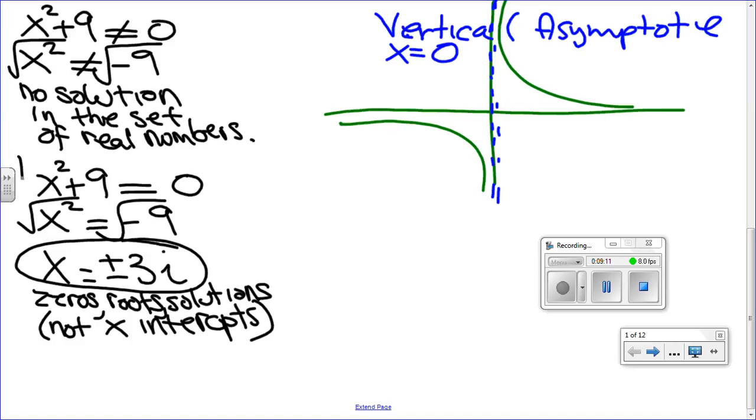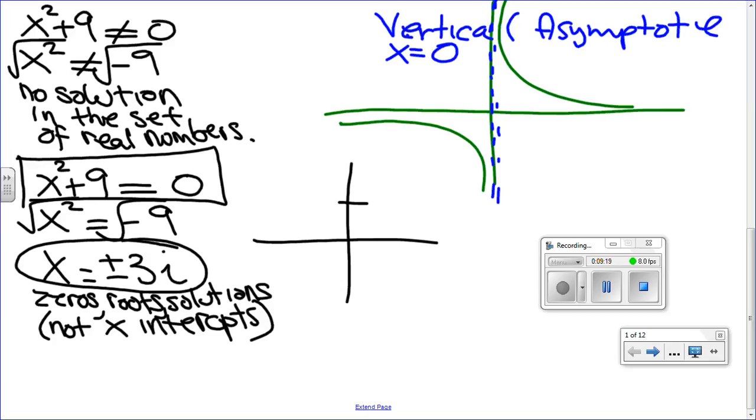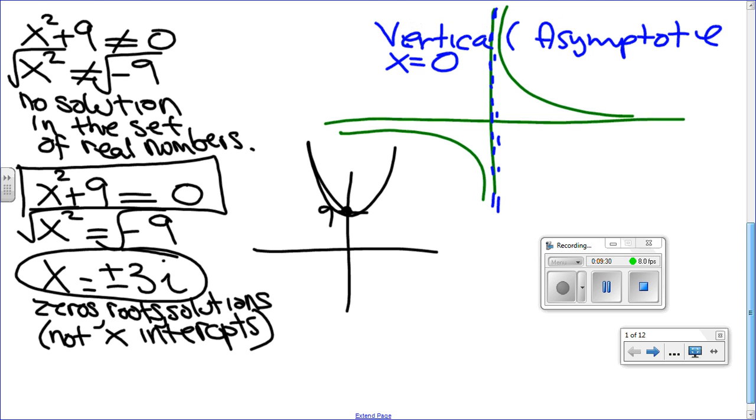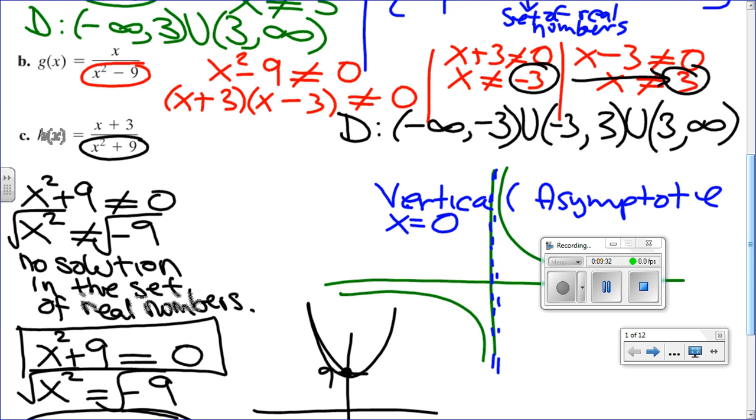And also, if you think about transformations, that will be like the parent function but shifted 9 units up. So it would be like something like that. So that is the whole reason we don't have real solutions, right? Okay, so when we go over here, since there is no real solution for this one, there's no number that will make that equal to 0. Think about it.